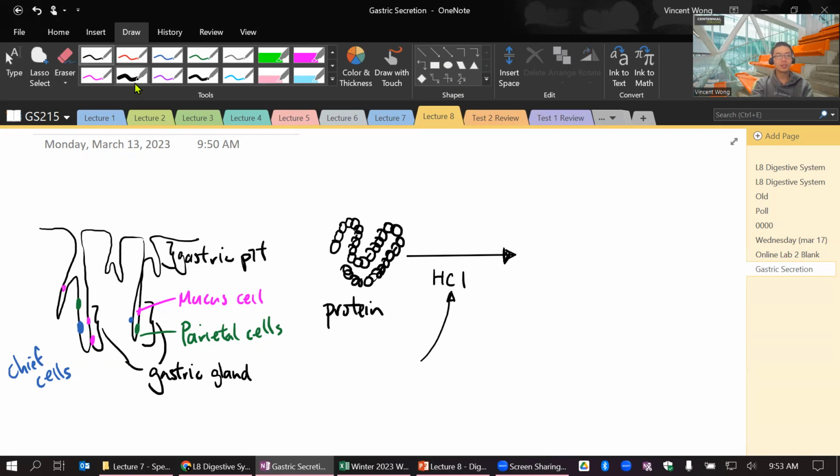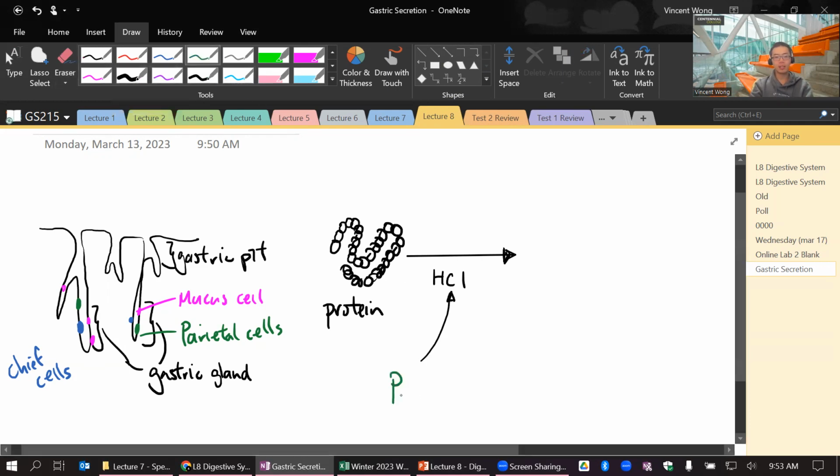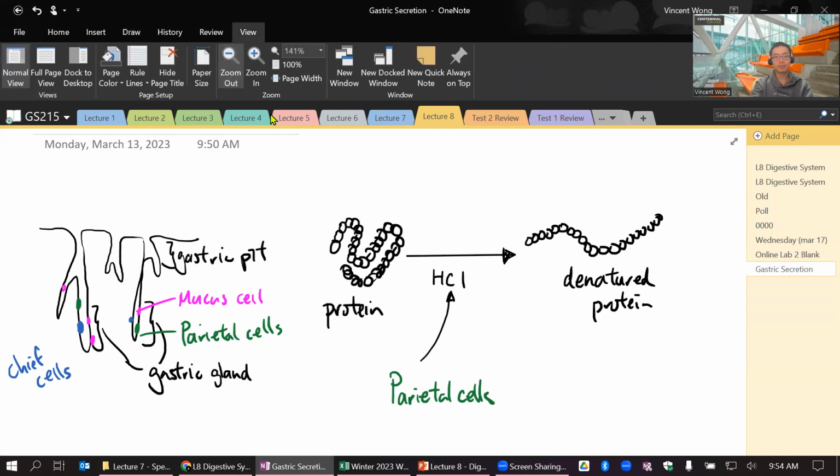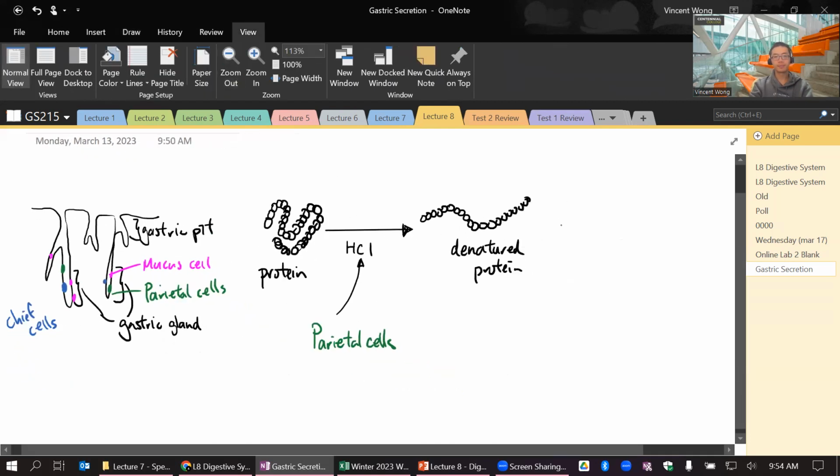The cells that secrete the hydrochloric acid are the parietal cells. Parietal cells secrete the hydrochloric acid, which helps denature the protein. It unfolds it like that.